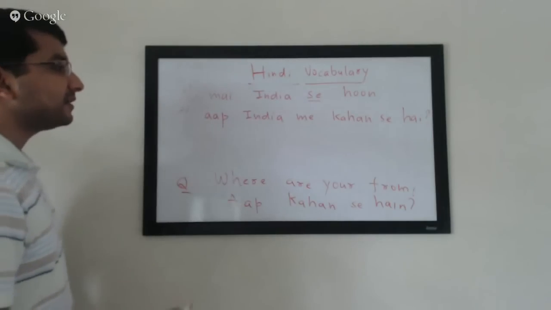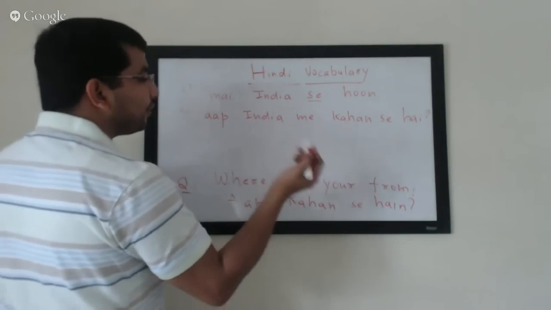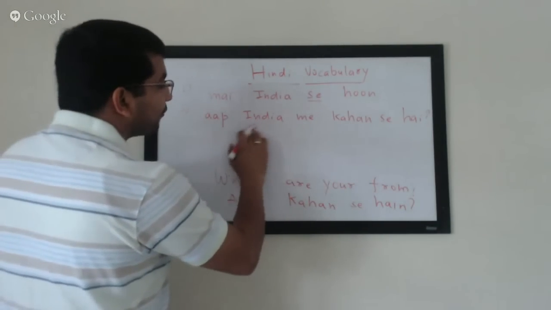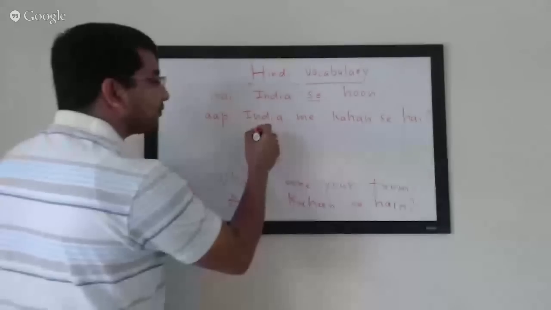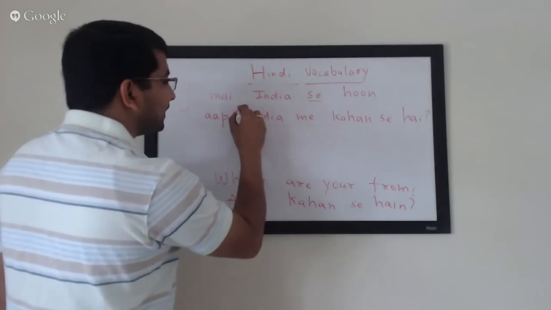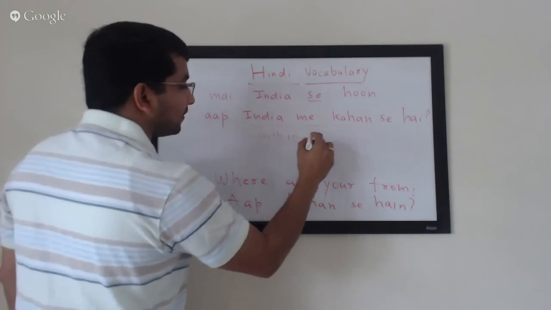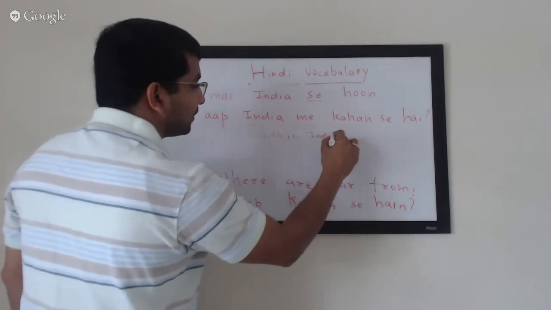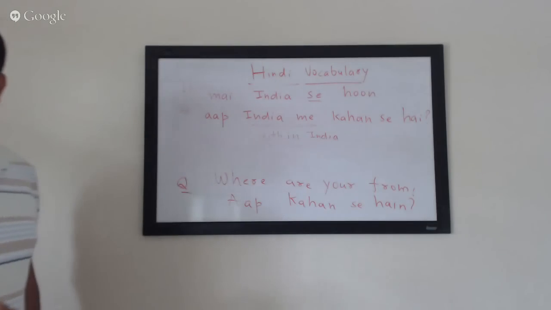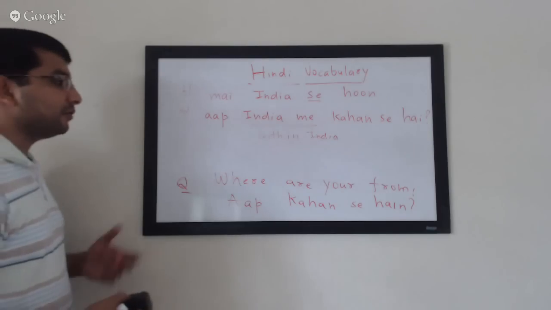Now somebody is interested because they know about your country. They want to know where within India you are from. So this is India में, within India. आप इंडिया में कहाँ से हैं, आप ब्राजील में कहाँ से हैं, that means they're interested in finding out even more.